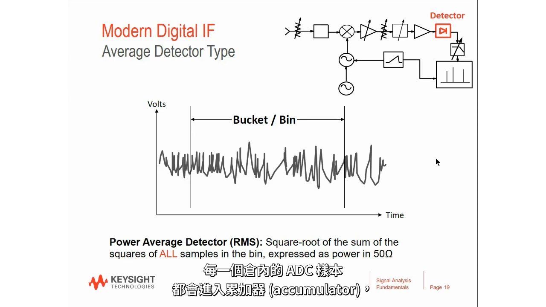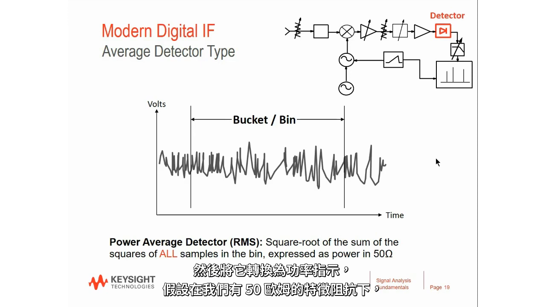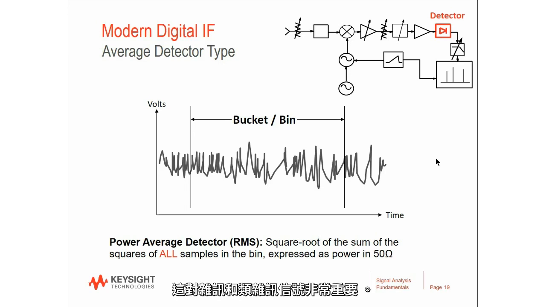Every single ADC sample within that bin is going into an accumulator, and we will process the square root of the sum of the squares of all those samples. That's RMS, root mean square, and then convert that to a power indication, assuming that we have a 50 ohm characteristic impedance. Very important for noise and noise-like signals.